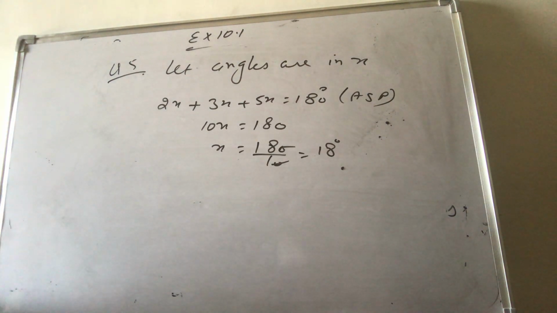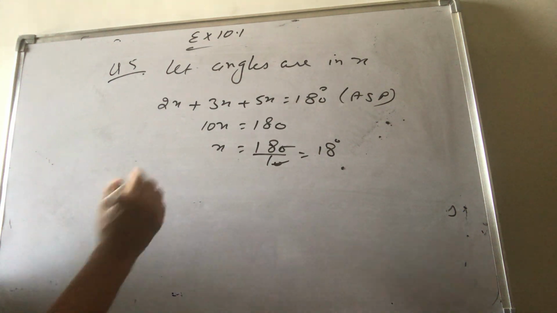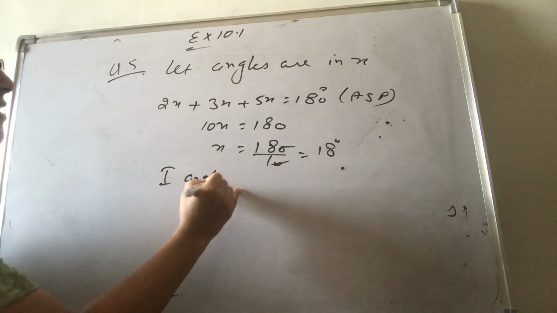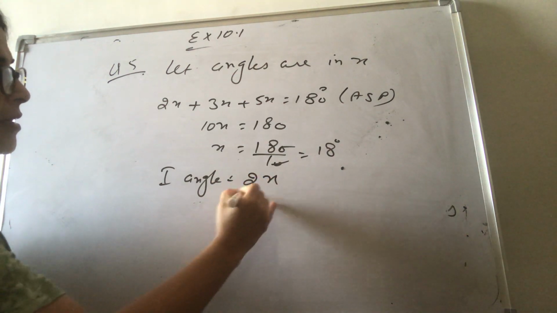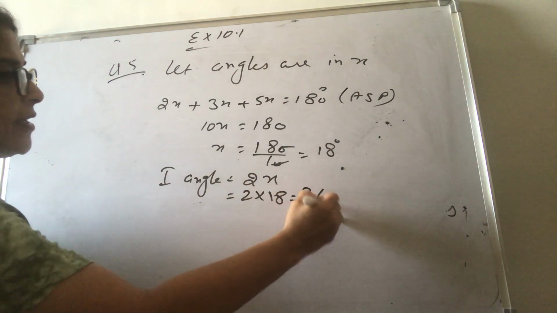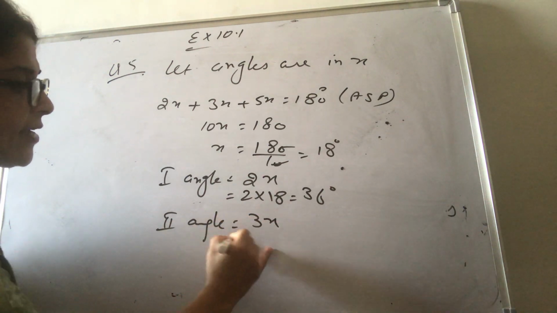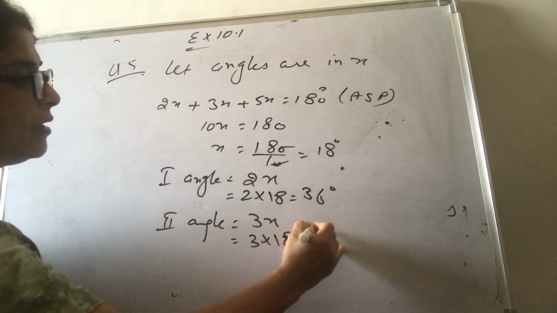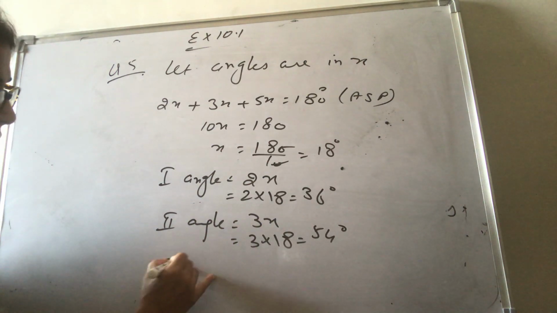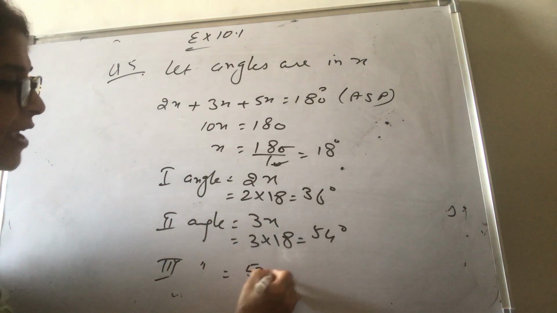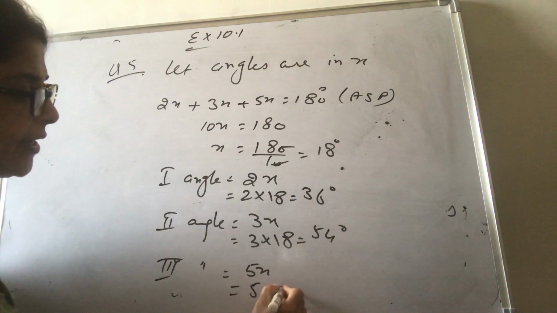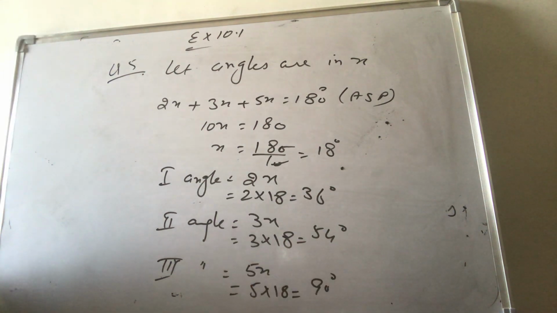Now first we have to find out the value of the angles, the measure of the angles. Then the first angle will be 2x, 2 into 18, 36 degree. Second angle 3x, 3 into 18, 54 degree. And the third angle is 5x, that is 5 into 18, 90 degree.